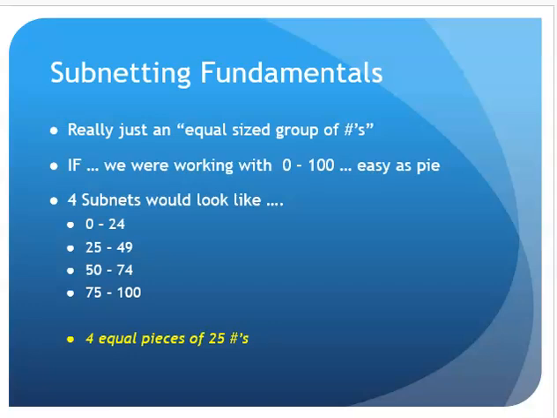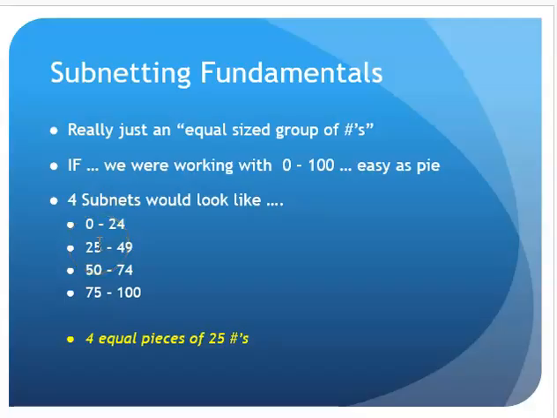So subnetting is that same concept. I'm going to take the big network and break it into equal pieces. If I had numbers ranging from 0 to 100 and I needed 4 equal pieces, I would go 0 to 24, 25 to 49, 50 to 74, 75 to 100, and I get 4 equal pieces of 25.